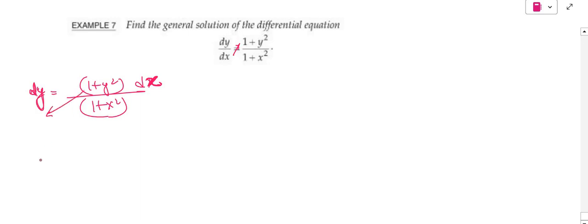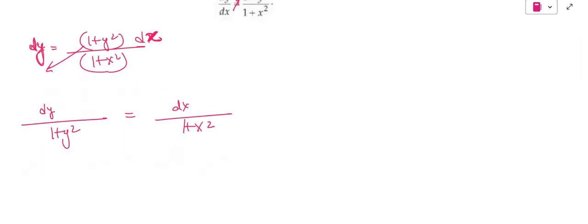So this dy term will come here, correct. So this will become dy by 1 plus y square is dx by 1 plus x square. Now we are ready to integrate. Can we do the integration? Correct. It has a direct formula, it will be tan inverse of y.